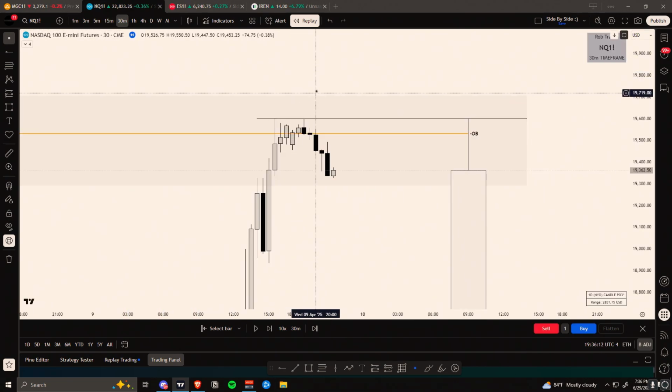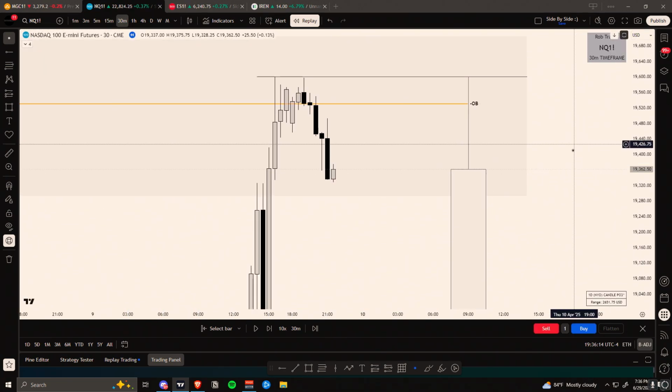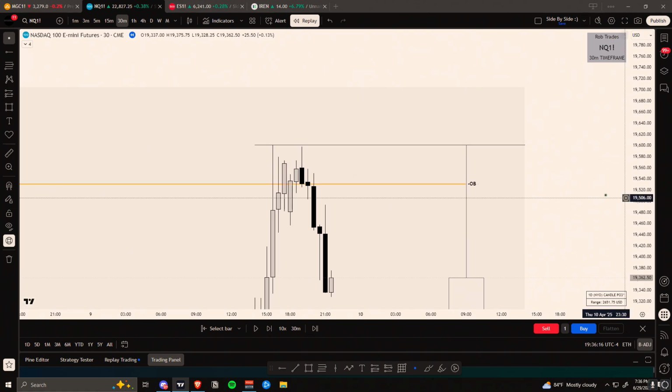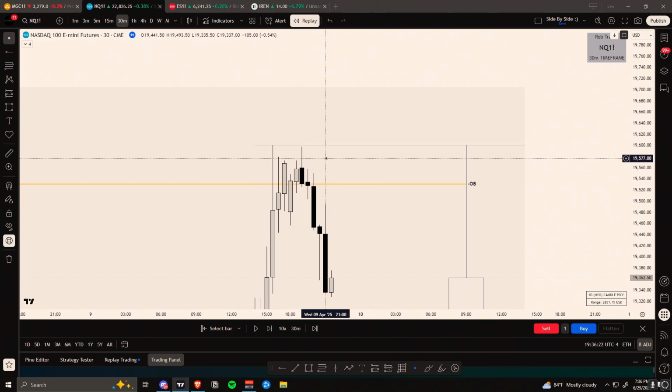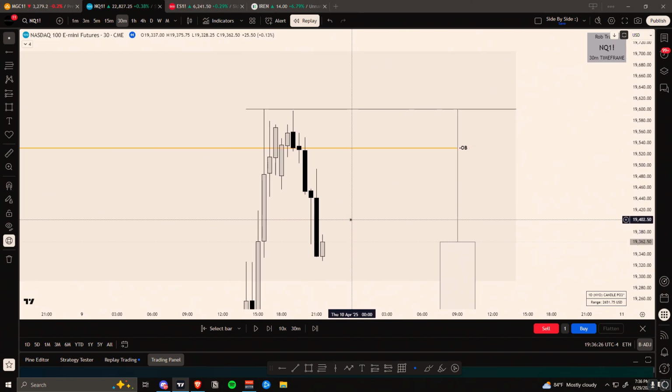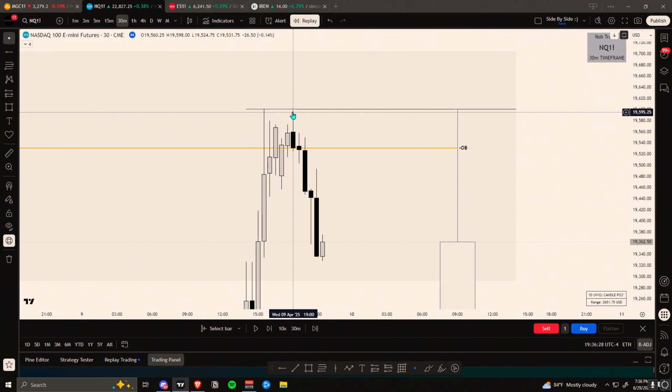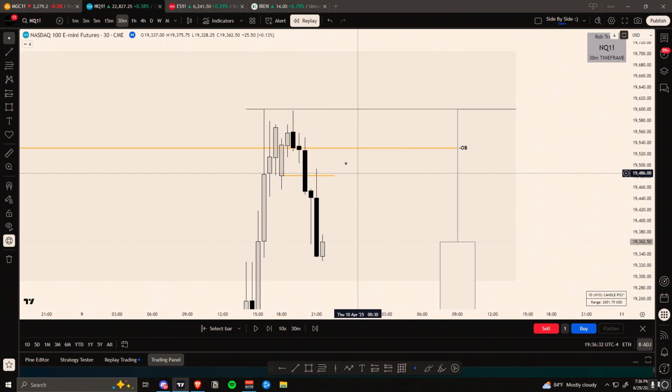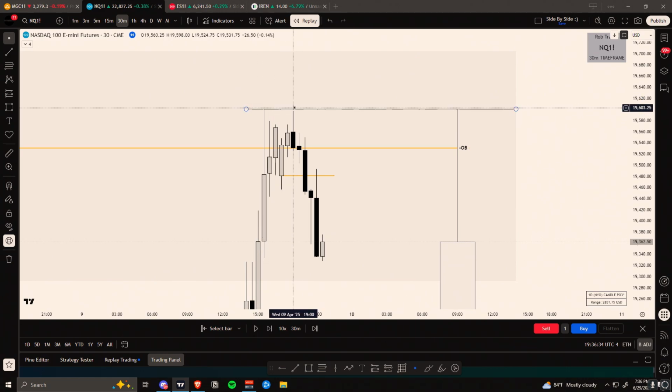And this is where I like to use the 30-minute or even lower. And in this case, I'm using the 30-minute because now we have SMT at the highs. And just like I showed you guys in the bullish example, since there was SMT at the highs, all you need now is just this high or the candle below to get closed below, since this high was never ran out.